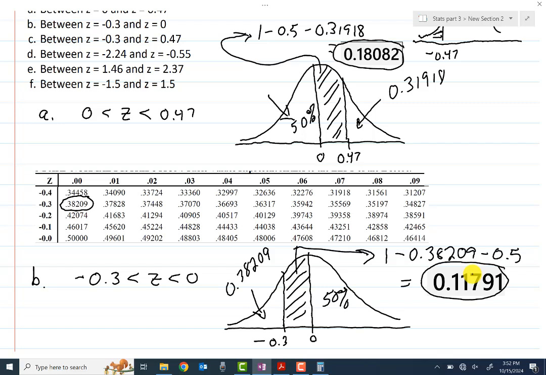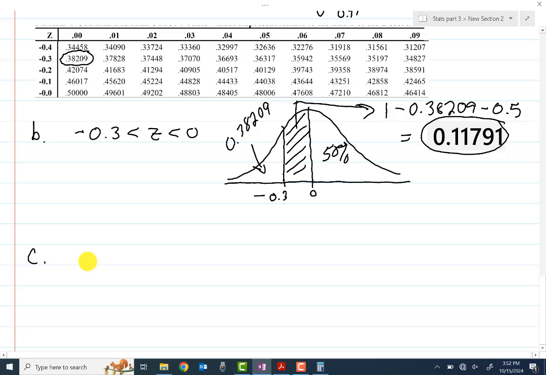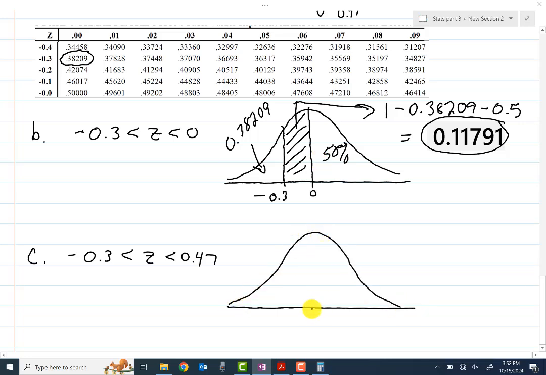Next, we're doing z between negative 0.3 and z equals 0.47. And let's draw a picture of this. Now from the last problem, we already did this piece in here.